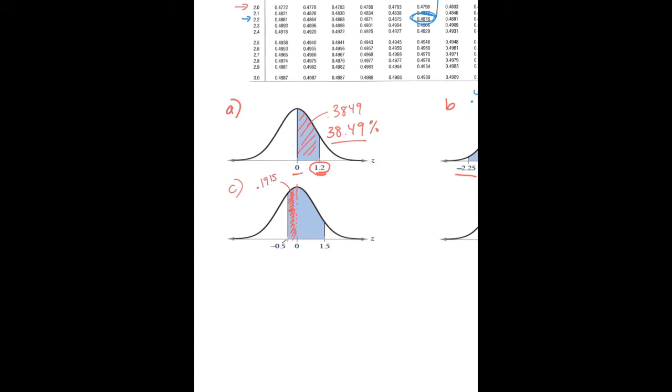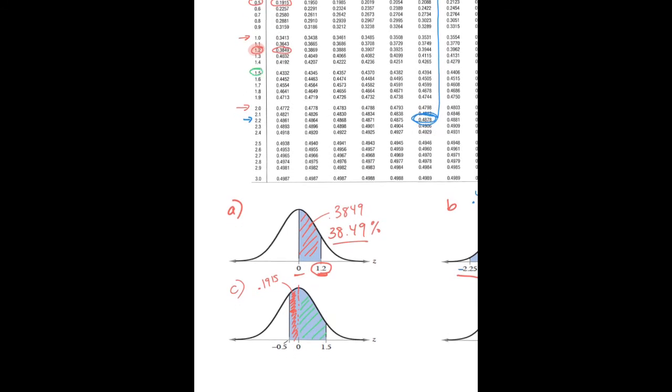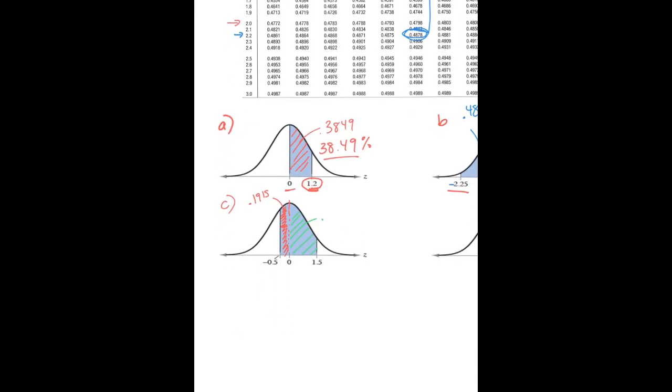Now for the area between 0 and 1.5, so this area here, for that we're going to go to 1.5 here on our z table. So here's 1.5. Okay, and this tells us that the area is 0.4332. So this is 0.4332. So now what is the total area between negative 0.5 and positive 1.5 standard deviations from the mean?